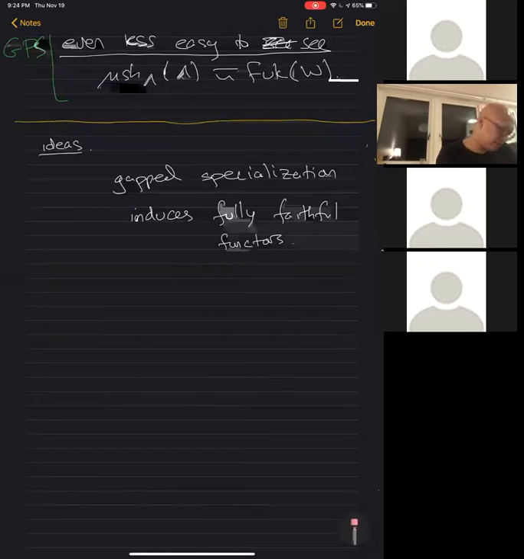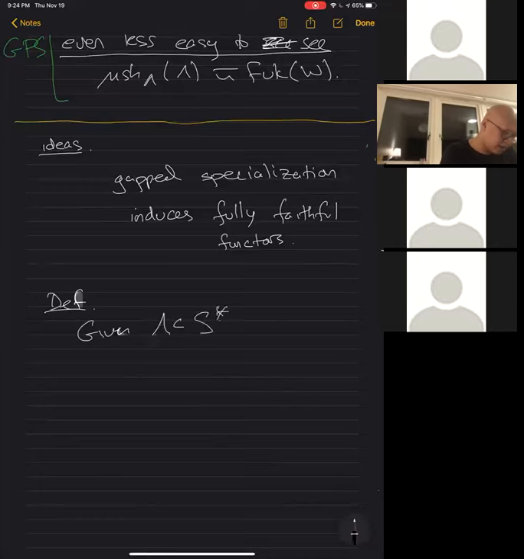So let's say a definition. Given a Legendrian, given lambda in its cosphere bundle, I'm going to write L of lambda.